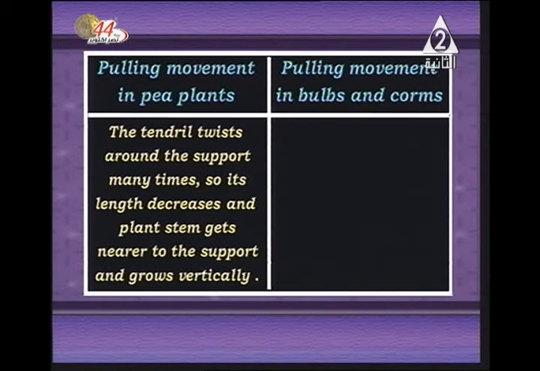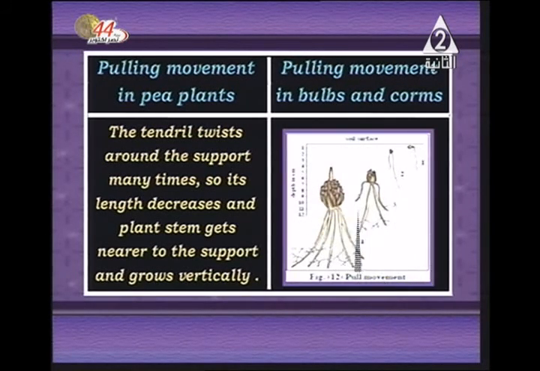After that, the tendril twists around the support many times for support and to be stronger. So its length decreases and the plant stem gets nearer to the support and grows vertically. This picture shows an example of pulling movement in case of bulbs and corms.